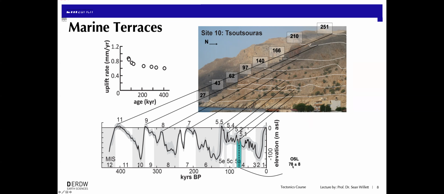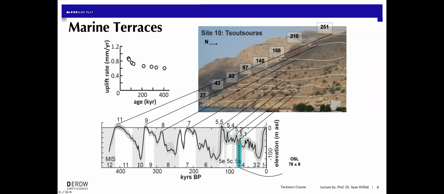That yielded an age of 78,000 years. That was located on this lowest terrace right here. If we can date one or more of these terraces, then we can begin to try to establish a relative chronology, for example, by looking at the sea level curve, and that's what this is.